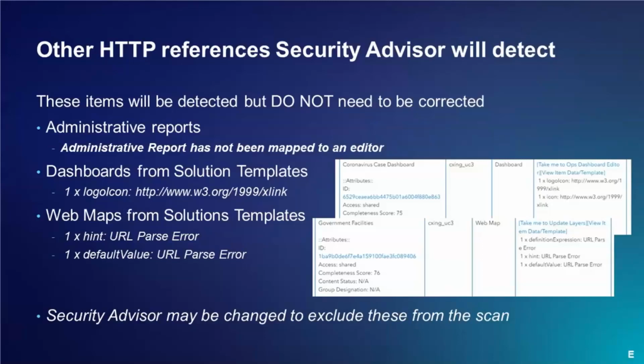A good rule to follow is that if there is a corresponding HTTPS link for the HTTP reference, then it will be fine. Keep in mind, the security advisor is constantly being updated, so new tools may be put in place to check HTTP references.